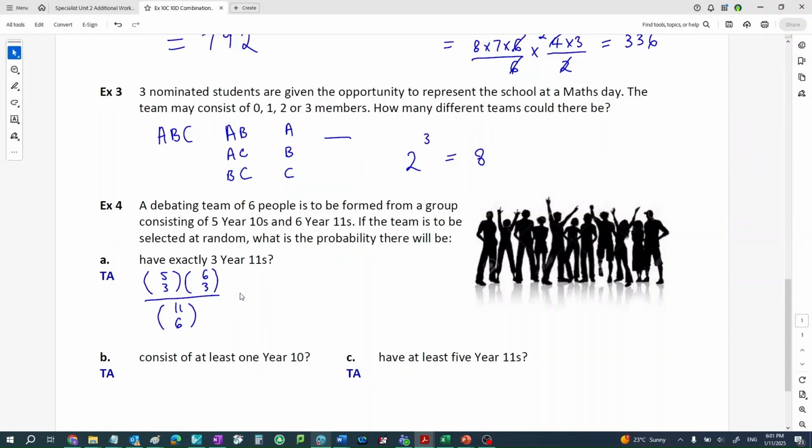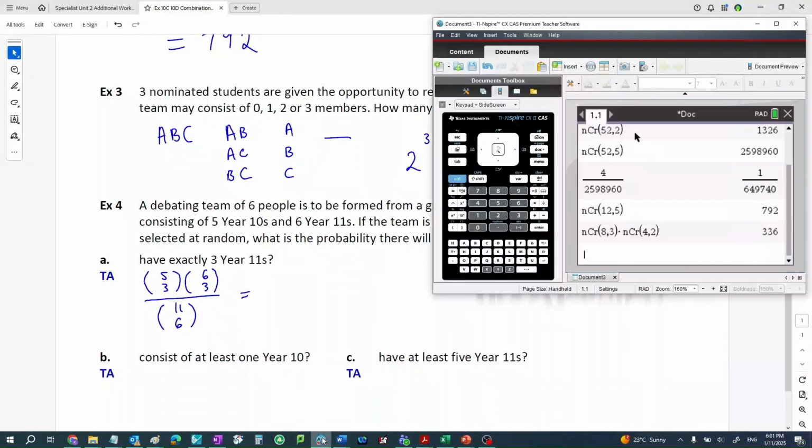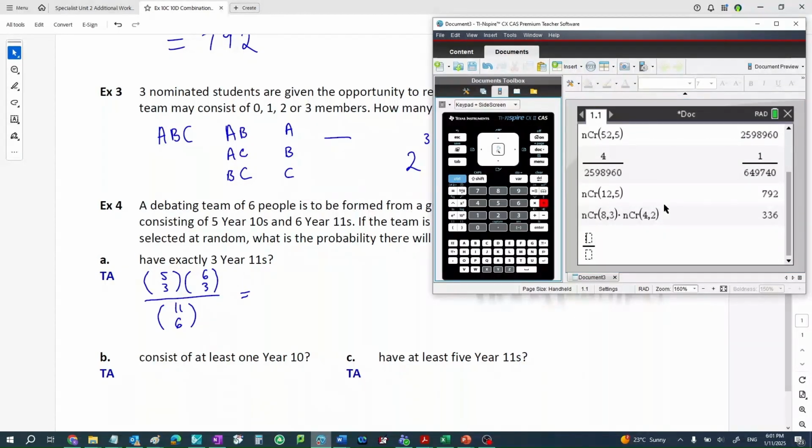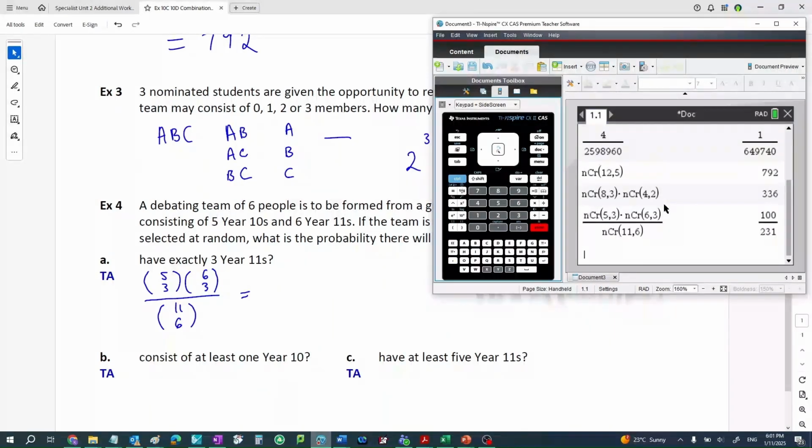And this is going to give us our probability. NCR 5 choose 3, NCR 6 choose 3 over NCR 11 choose 6, 100 over 231.